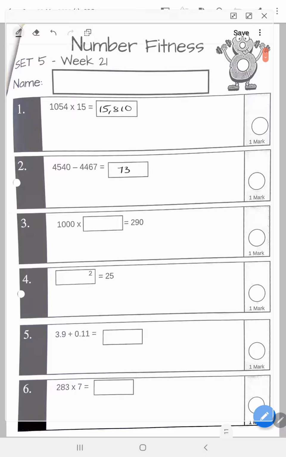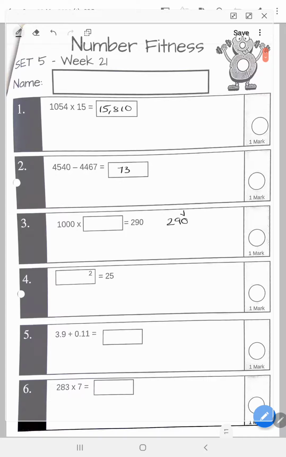1,000 times something is 290. Well, we've got 290,000 and something. Well, 290 divided by 1,000 would give us that something. So 290, and we're dividing it by 1,000.